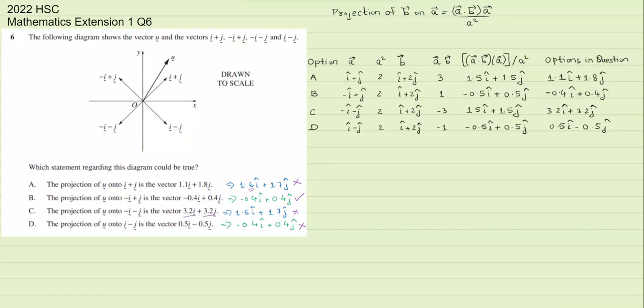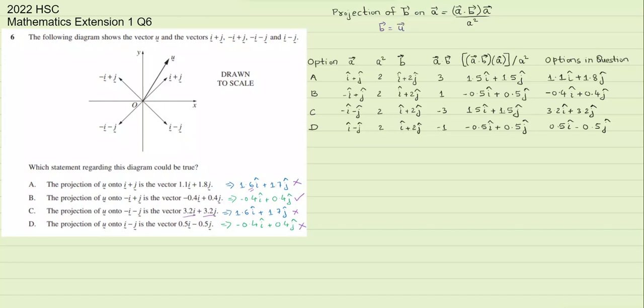We utilize the formula: the projection of vector B on vector A is the dot product of vectors A and B times vector A, divided by the magnitude of vector A, the whole squared. In this formula, vector B can be treated the same as vector u.